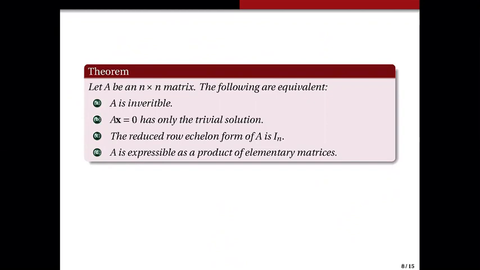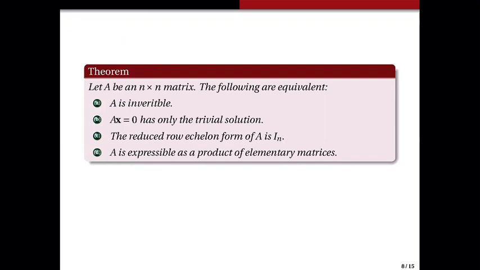Okay? So A is invertible. It implies A is expressible as a product of elementary matrices. It also implies AX equals 0 has only the trivial solution. Okay? If you have a matrix A and the reduced row echelon form is the identity matrix, then this matrix A must be invertible. Okay?